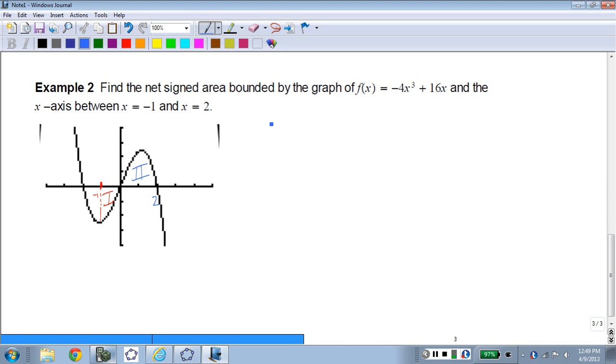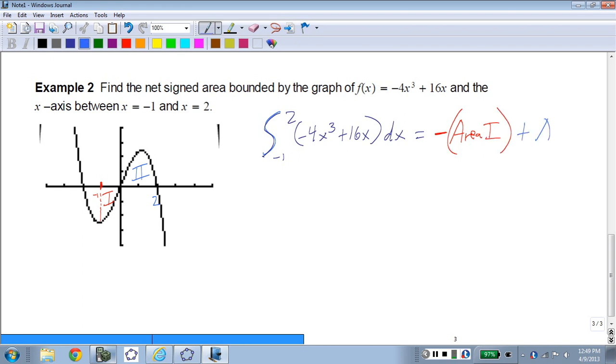If I calculate the definite integral from negative 1 to 2 of negative 4x cubed plus 16x, it's going to give us the opposite of area 1 plus area 2.